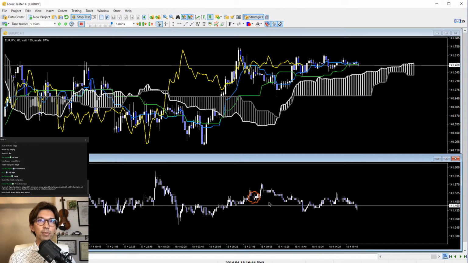So I only show the price action here now. I don't really show the Ichimoku Kinko Hyo to take trades to confirm the edges in 5 and 15. Ichimoku, I use it only in bigger time frames, which is the 30-minute chart, 1 hour chart, or above time frames.